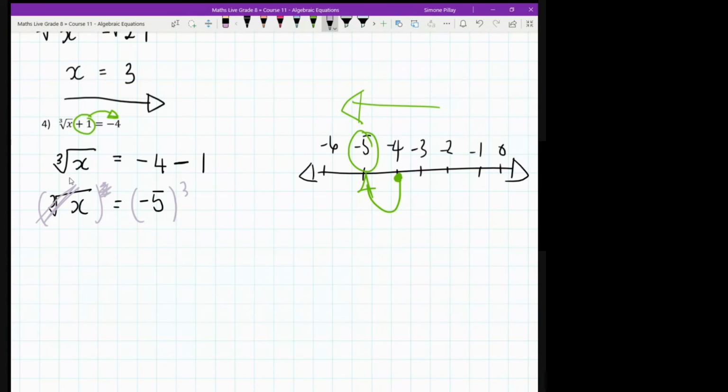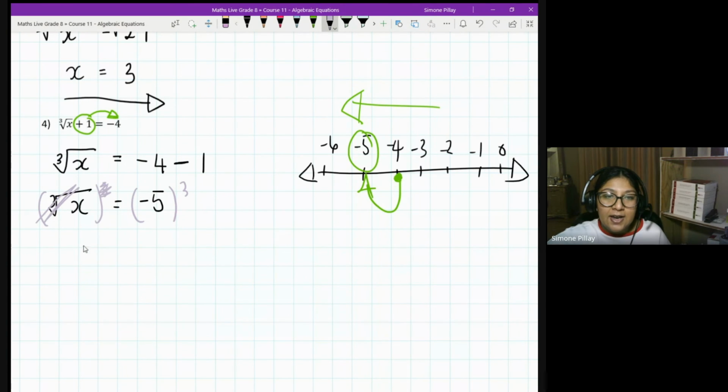But because I cubed this left-hand side, I had to cube the right-hand side. And what I'm left with is x on my left-hand side equals -5 times -5 is +25, times -5 again is -125.